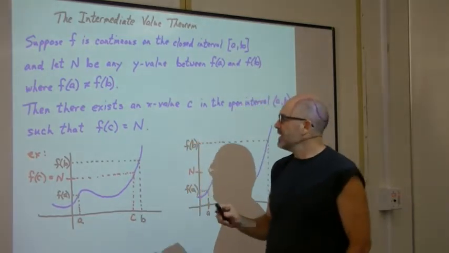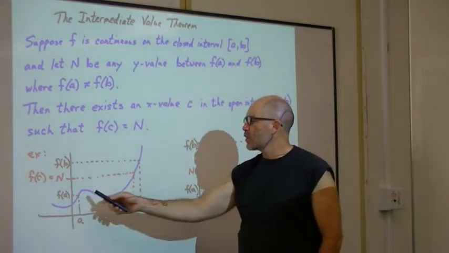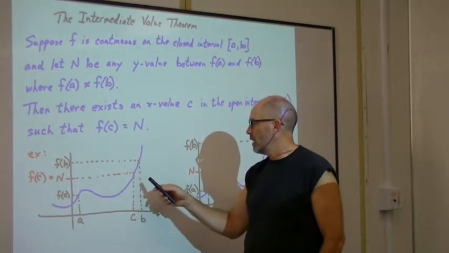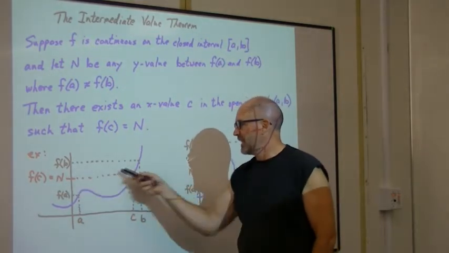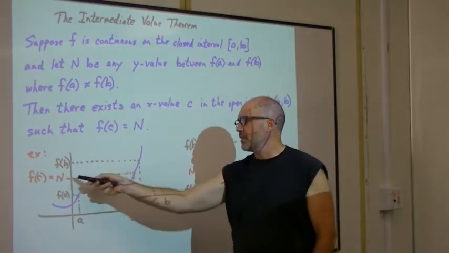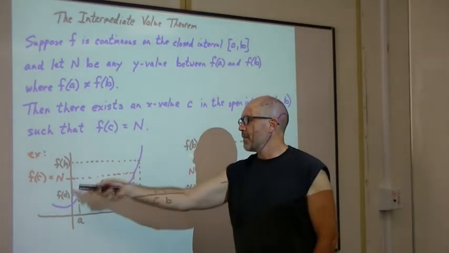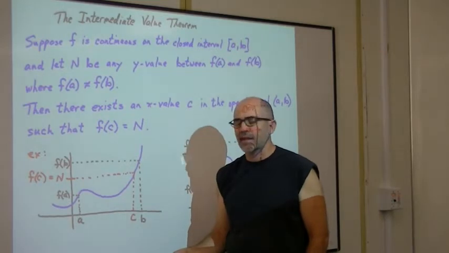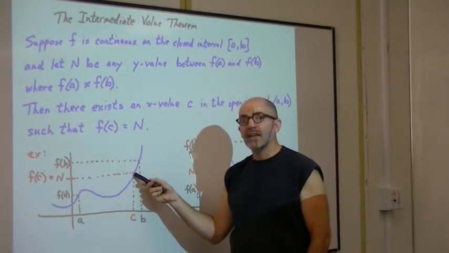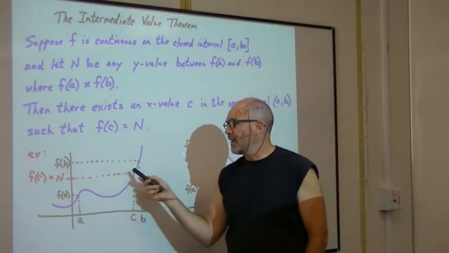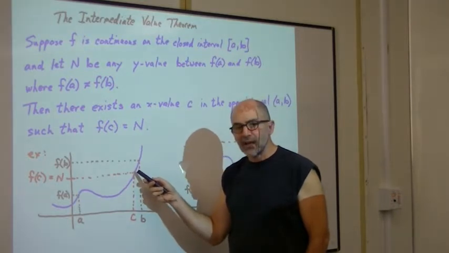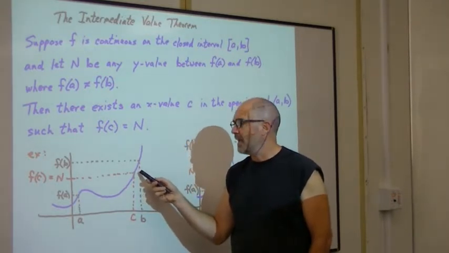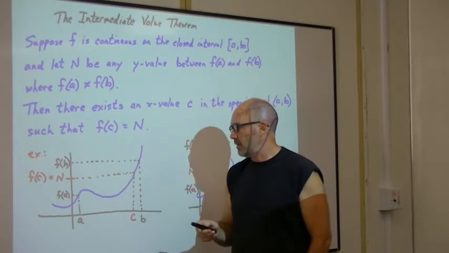Now, what that means is, I'm going to have to cross through this level. If I'm going to change levels from f of a to f of b, then I have to go through n. And if I have to go through n, that's a y value n, there has to be an x value that associates with that, because there's no break here.